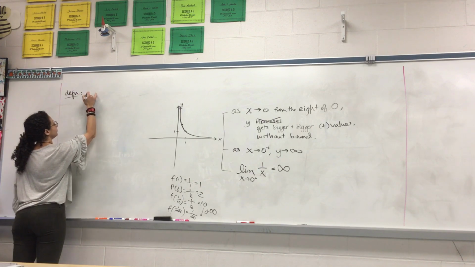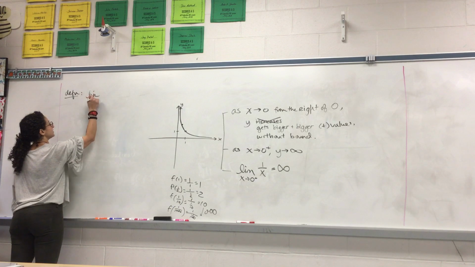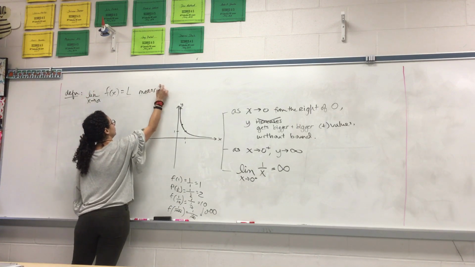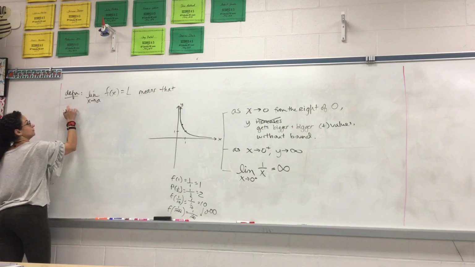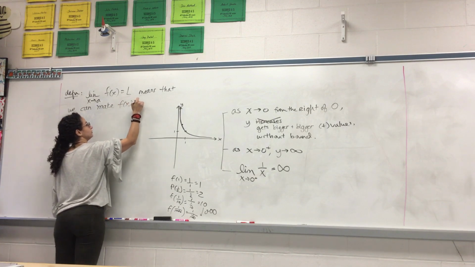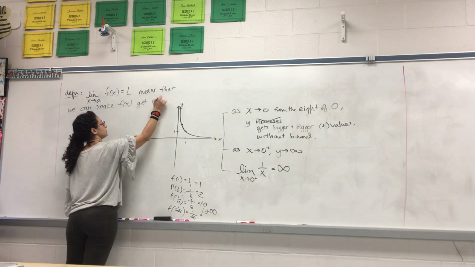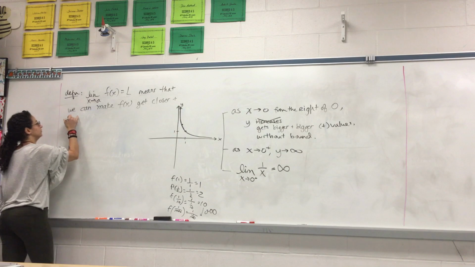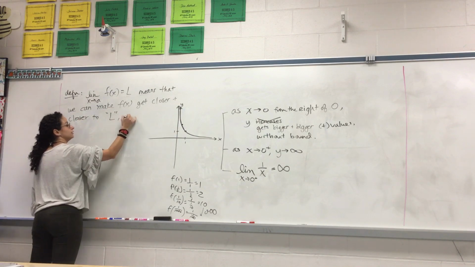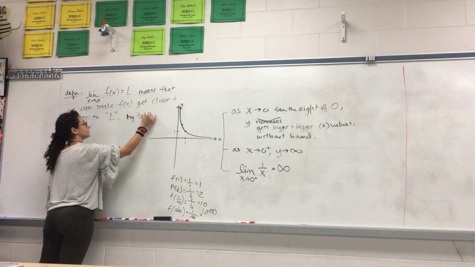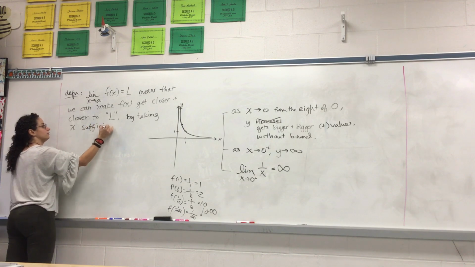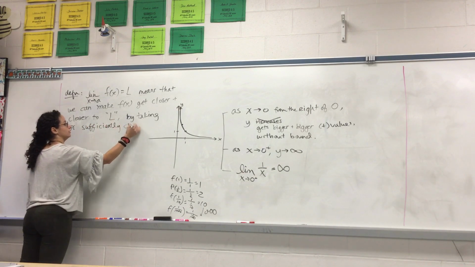The limit as x approaches a of f of x equals L means that we can make f of x get closer and closer to L by taking x sufficiently close to a. Okay?